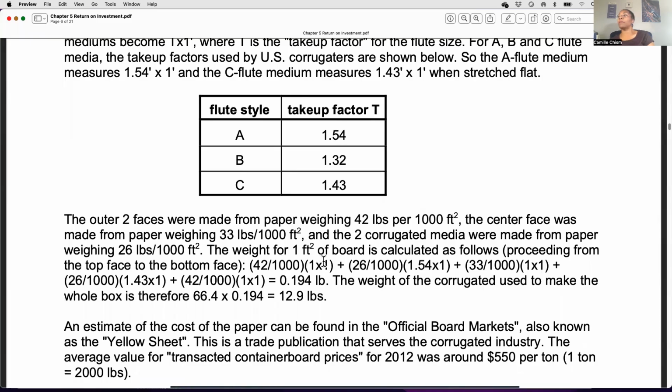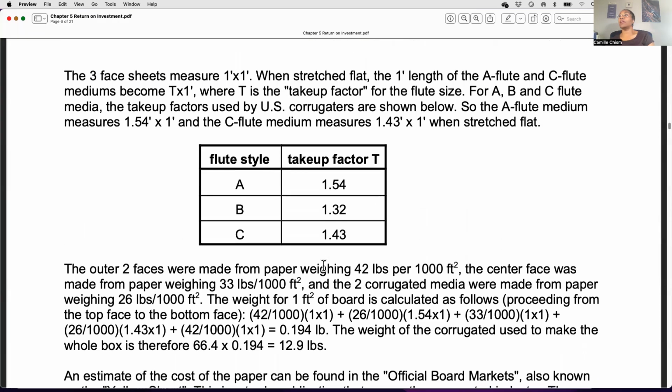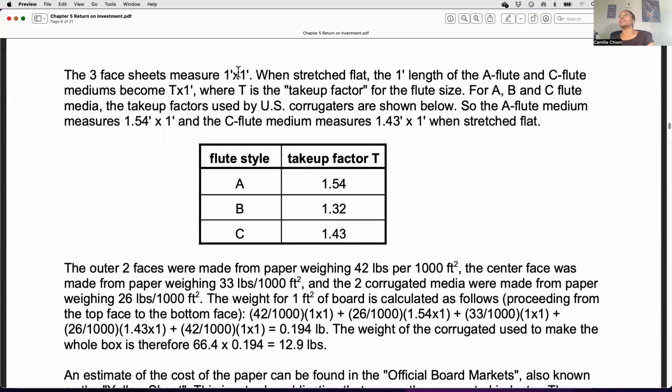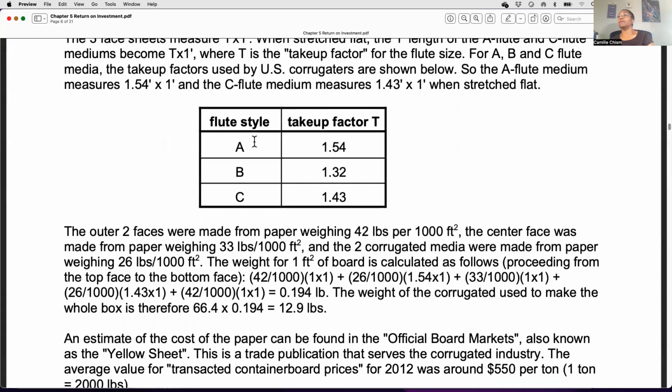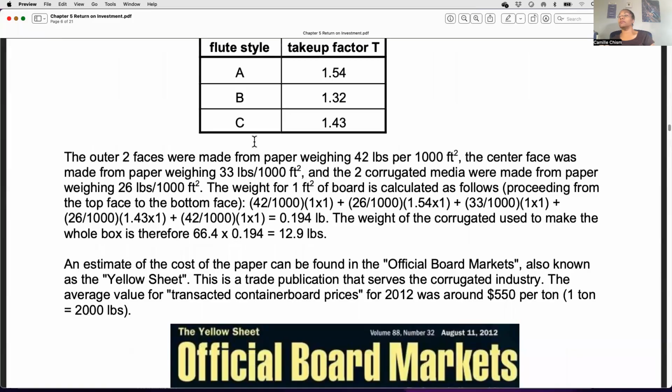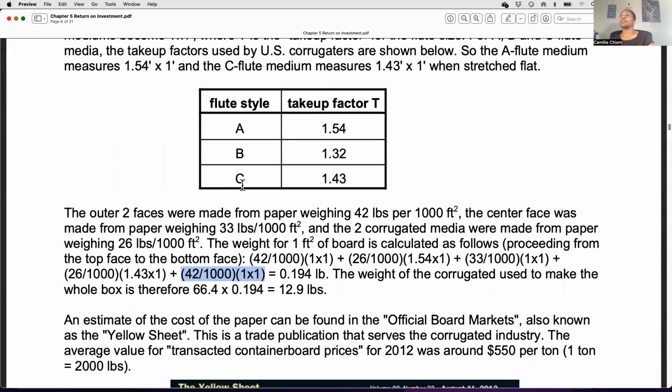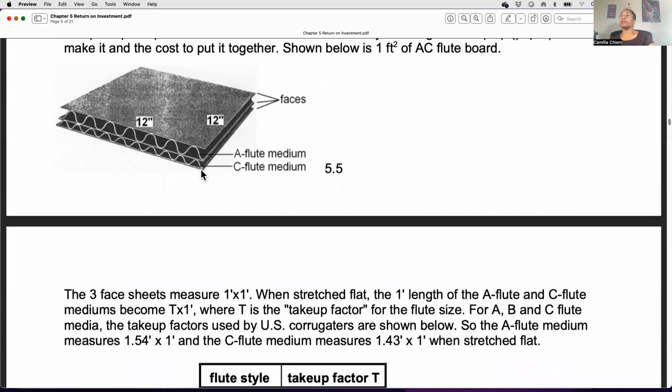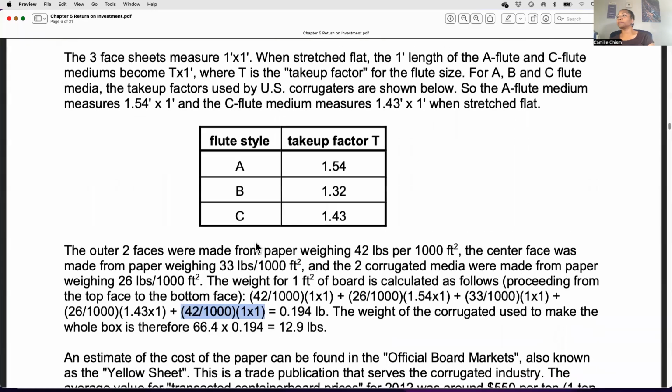And then you multiply it by the 1 by the 1, because the take-up factor for that is 1, right? It doesn't stretch out anymore. So it's just 1 by 1. That's what the measure for that square is. Okay, so those are the outer layers, right? And you'll see that here, and then you're also going to see it at the end. So I'll get back to that, but you see it twice because you've got 42 here, 42 here on the top and the bottom.